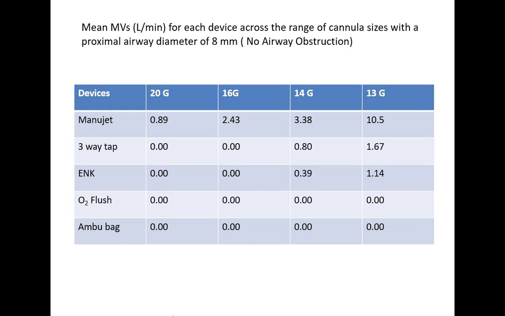But if you have a patient who has, say, CA glottis or a laryngeal tumor, where the airway is partially or completely occluded, the minute ventilation goes up for all the devices. So ideally you should be using at least a 13 or 14 gauge needle. Even with a 14 gauge needle, the flow with an Ambu bag is very minimal, right?